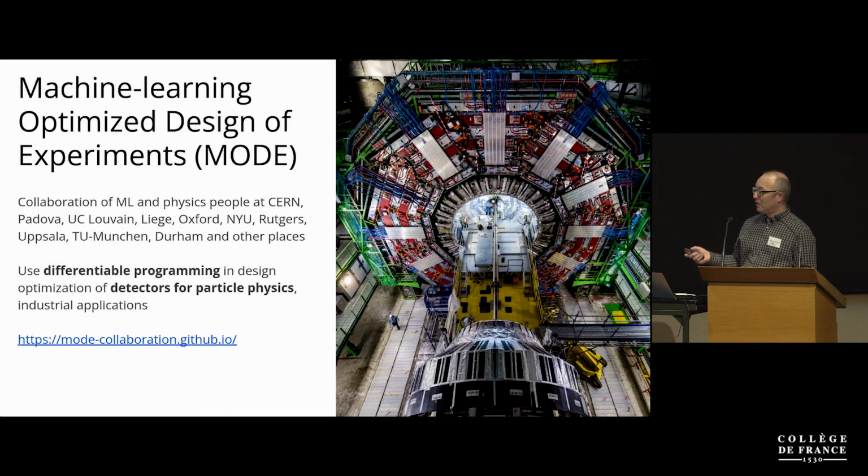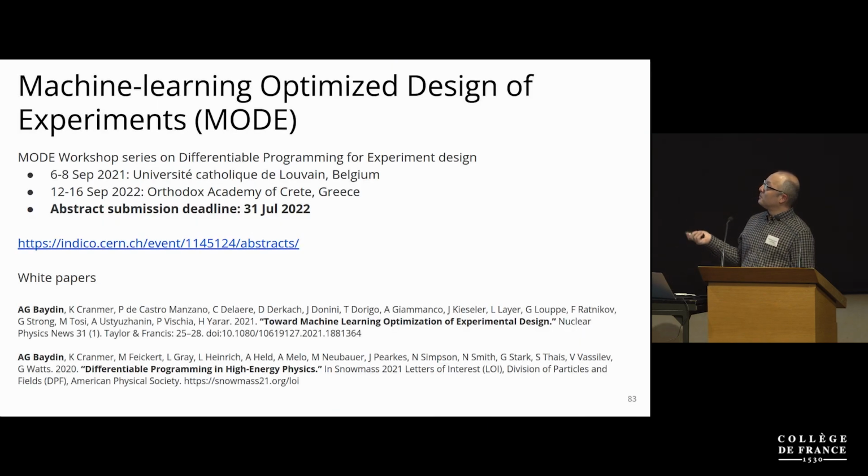There's a website. We organize some workshops specifically about optimizing physical, large-scale experiments with differentiable machine learning approaches. The abstract submission is in 2 days. I don't know if you can make it, but yeah, go for it, Jan-Willem.